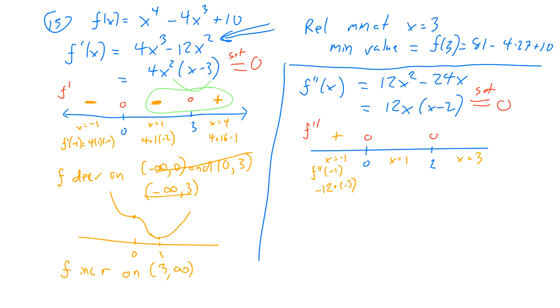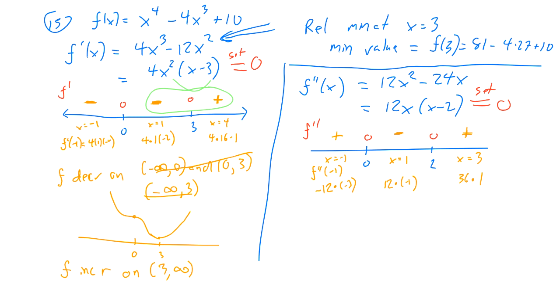If I take f double prime of 1, that's going to be 12 times negative 1, which is a negative number. And when I plug in 3, I get 36 times 1, which is positive again.